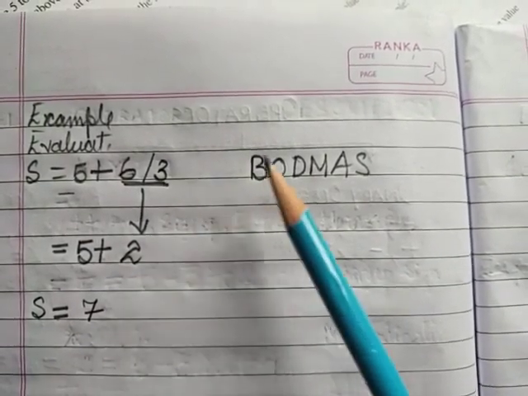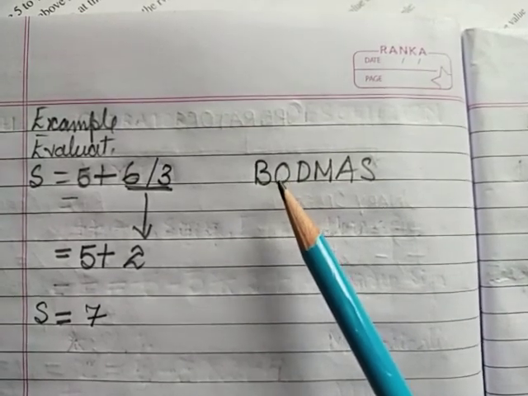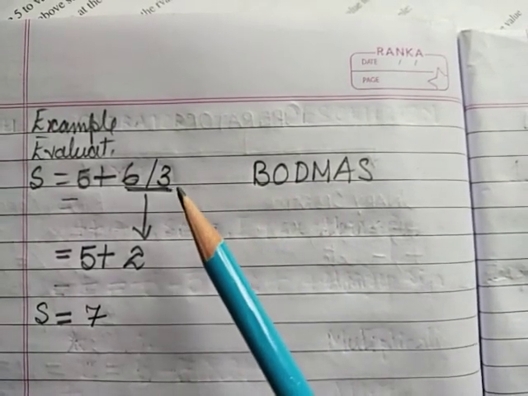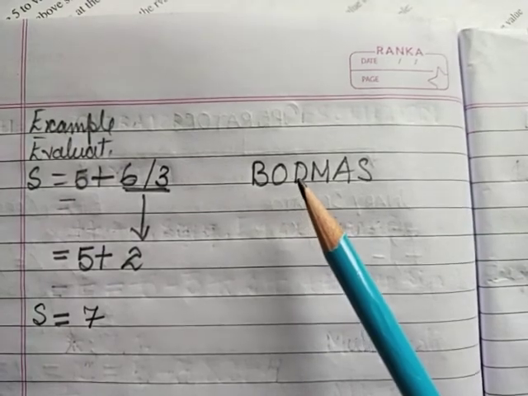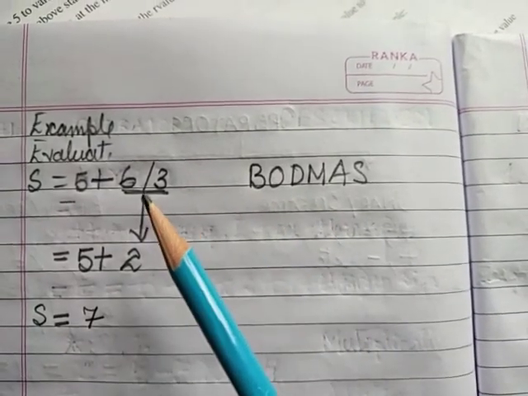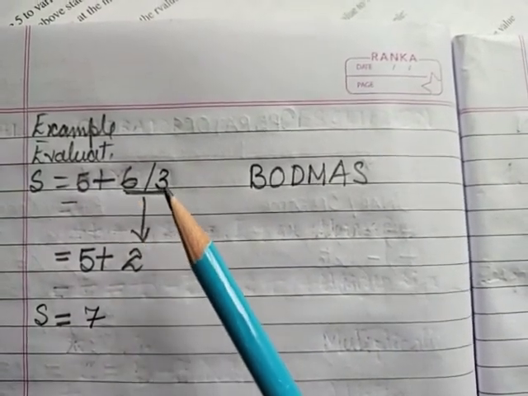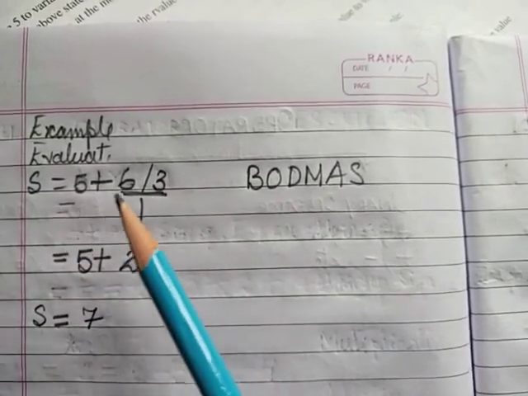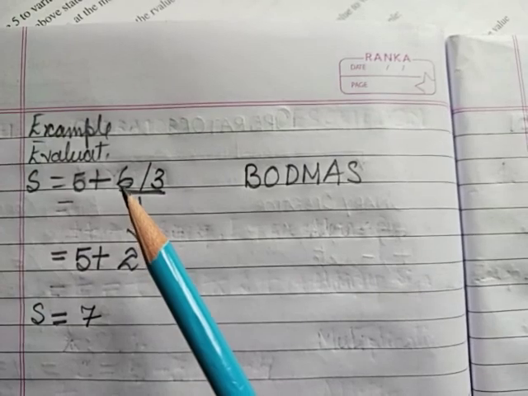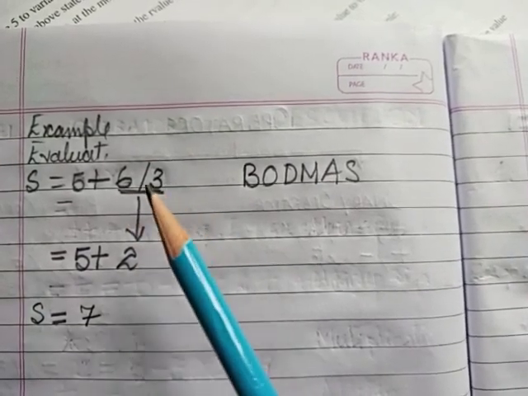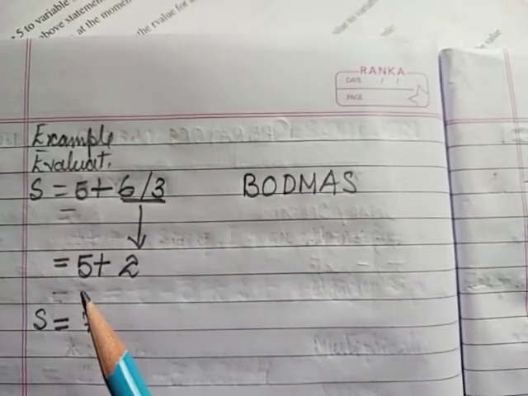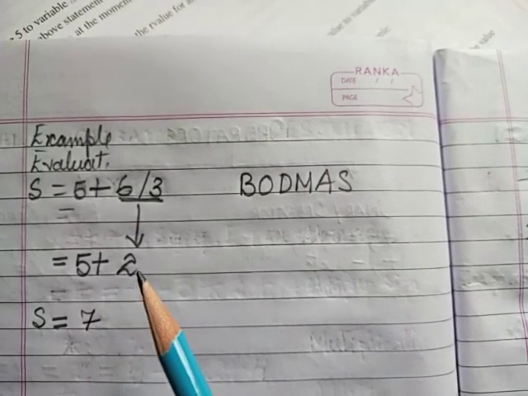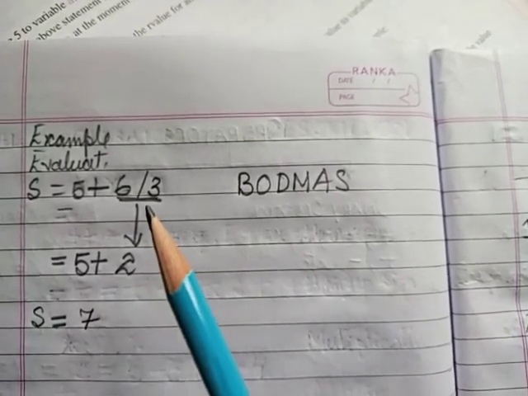If not, we move ahead. We check whether 'of' is present in our expression or not. Next, we check division. In our expression we do have division, that is 6 / 3. So first we calculate 6 / 3, and our result is 5 + 2, that is the quotient after division.